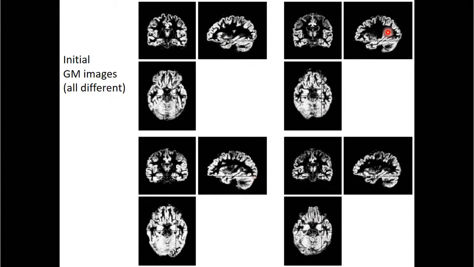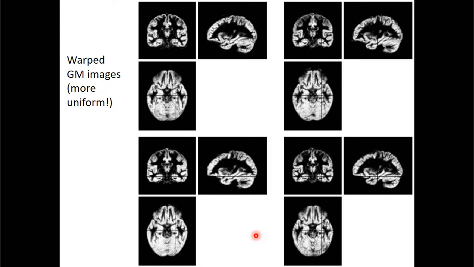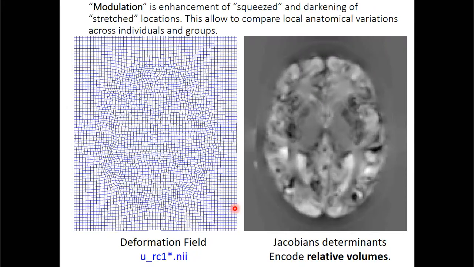So this is an example of original segmentation. All of them are very different, as you can see. And this is an example of warped gray matter images. As you see, they are much more uniform, though still they are not perfectly the same. And that's why they do on top of it another step of smoothing.